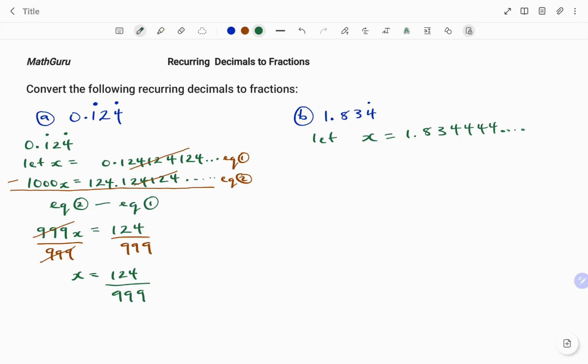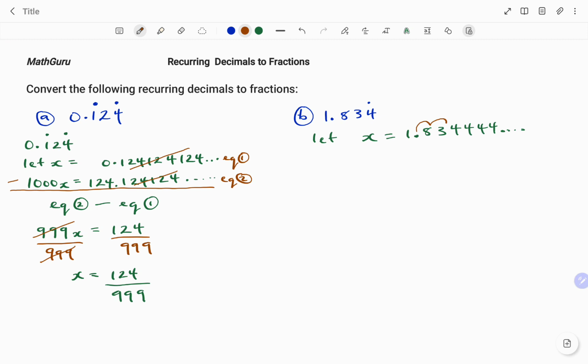Now, note that the aim is to make sure that the digits after my decimal remain the same. And in order to do that, I need to count by how many decimal places I need to move my decimal point to the right. If I move my decimal point twice, then I'm going to have 444 in the decimal part.